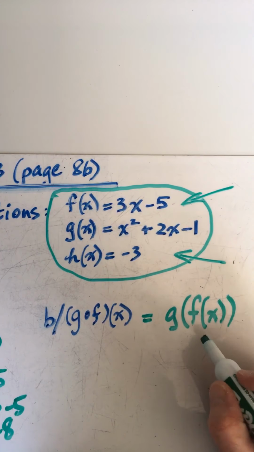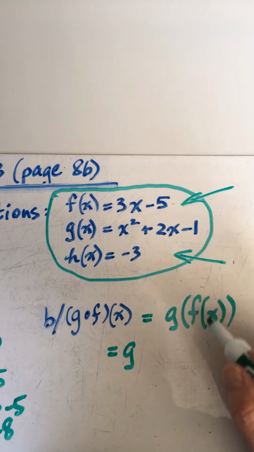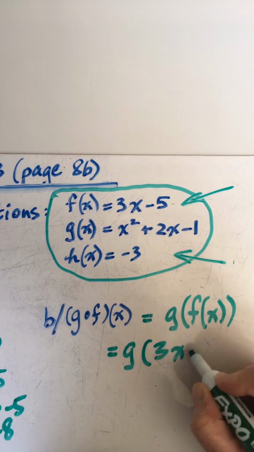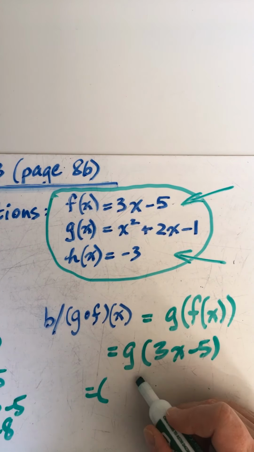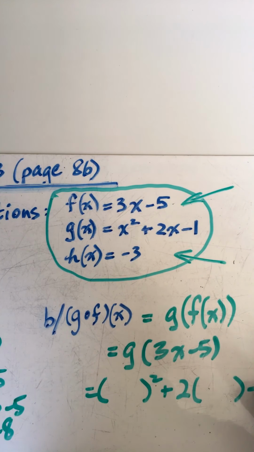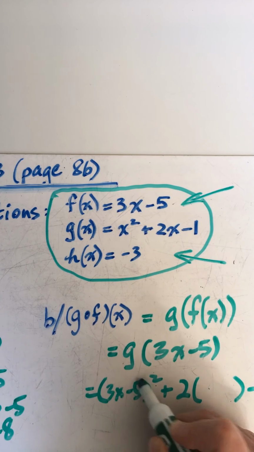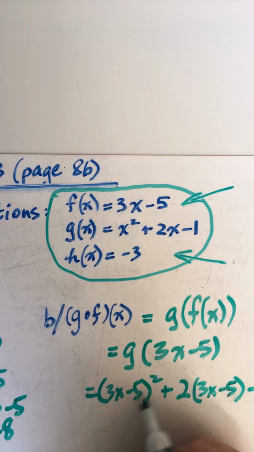So replace the f of x with what the f function was, 3x minus 5. And then take the g function, and wherever there's an x, pop that in. So that's 3x minus 5 squared, and remember, this means 3x subtract 5 multiplied by itself.